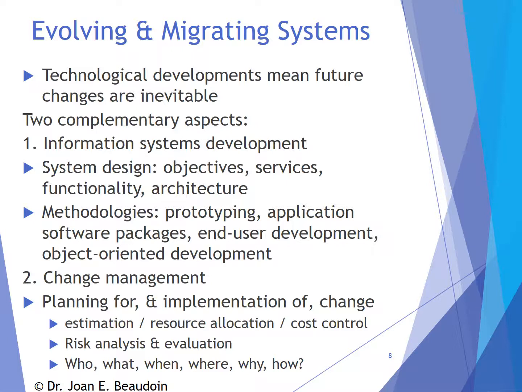So you have kind of two things that happen when you have information systems. You have the system design, so you have to think about what the objective of the system is, what are the services and features that are within that system, and what the architecture of that system is.